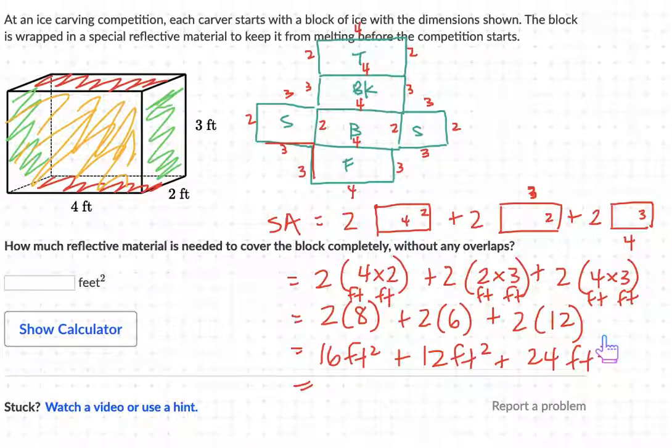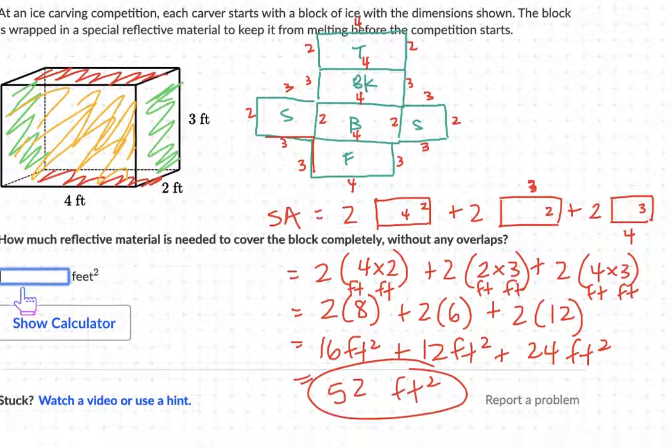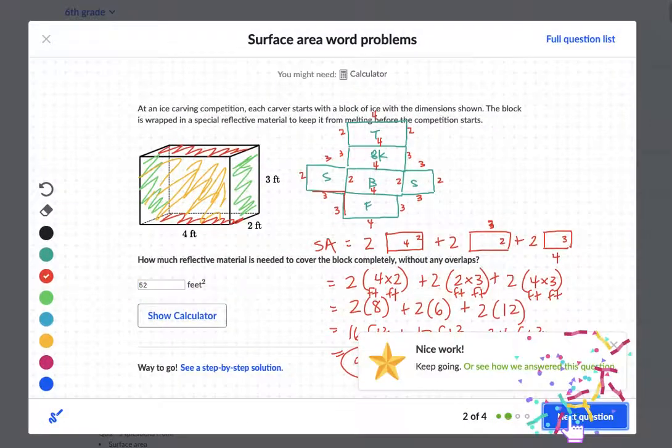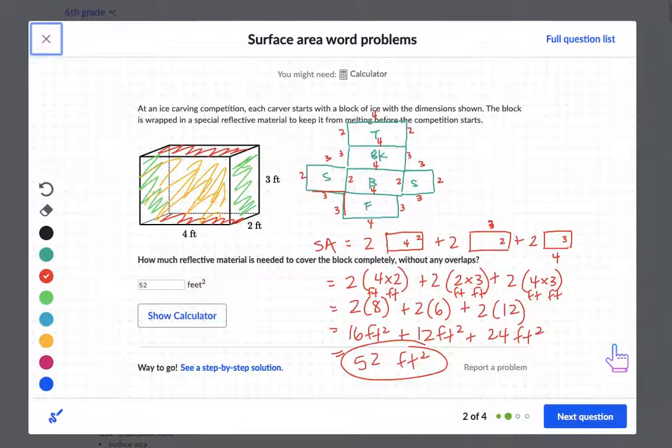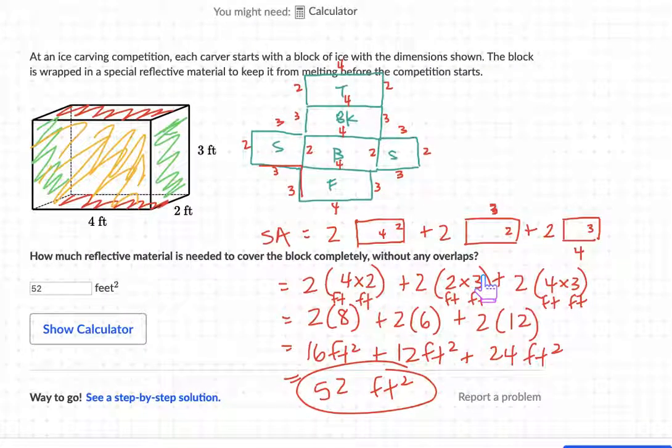After we add them all up, we're going to get the total surface area, which looks like 52 feet squared. So that's going to be how much of that reflective material they're going to need. They want to reflect the sun's rays away so that it doesn't melt.